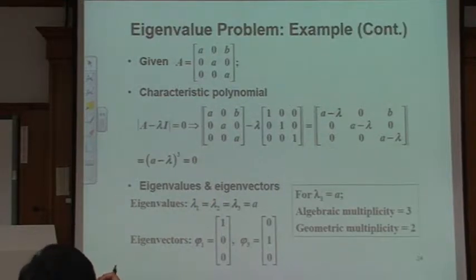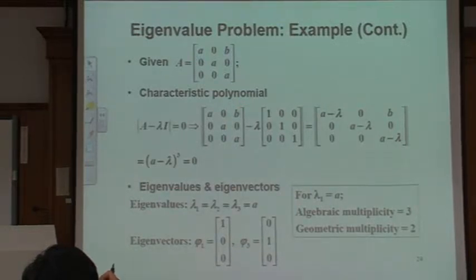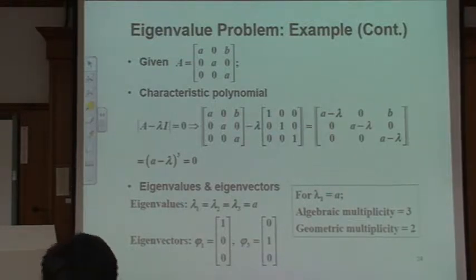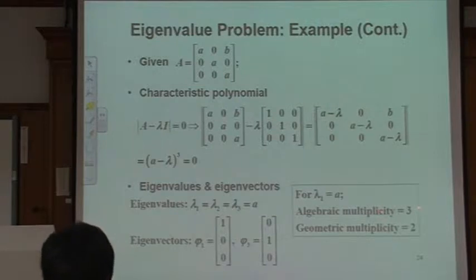Okay, and here's another example. Here is a different situation from the previous one. If we actually calculate the characteristic polynomial, you get this result. That means all three eigenvalues are the same. They are all equal to A. So in this case, we have algebraic multiplicity equal to 3.